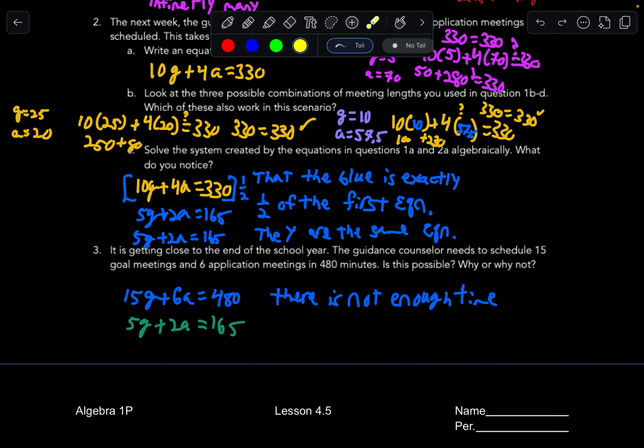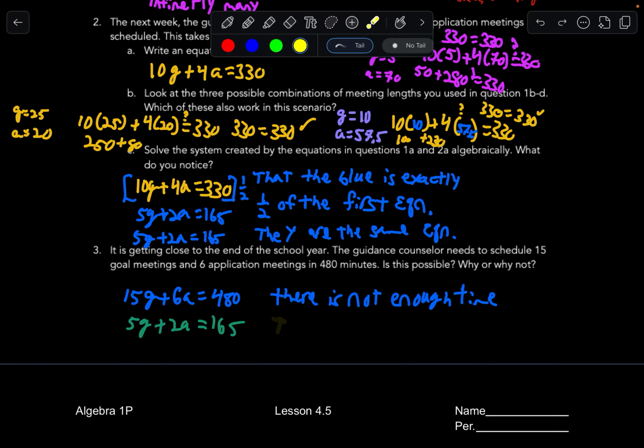That means 3 times 165 should equal 480. And if you do that, 3 times 165 is 495. So, not enough time.